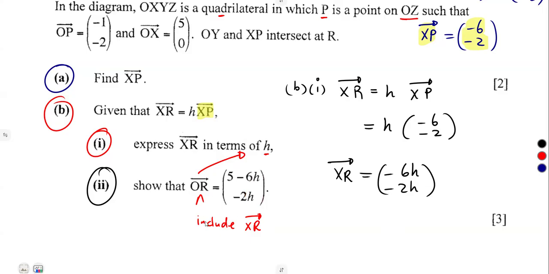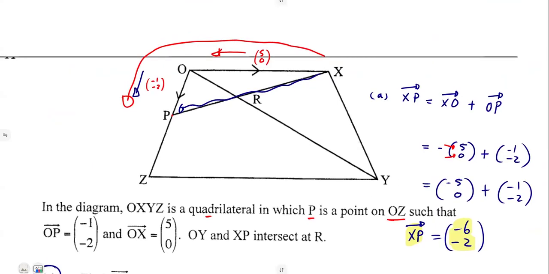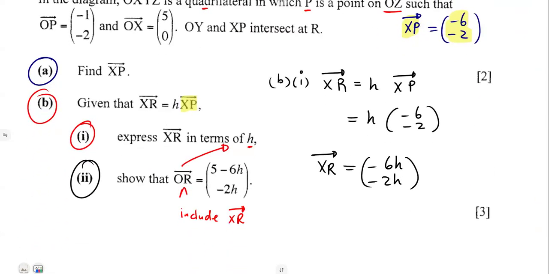So XR, I mean the OR, you must include XR in the root. You must include XR in your root. All right, this is what I'm trying to say. You must include XR, this one, in the root in order for you to find what you're asked here, which is what? OR.